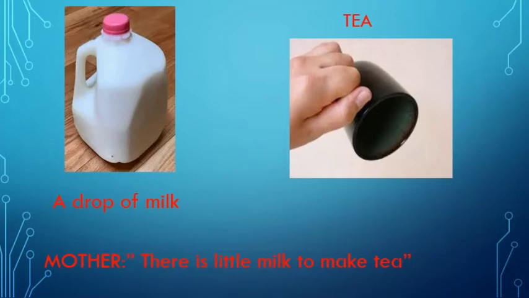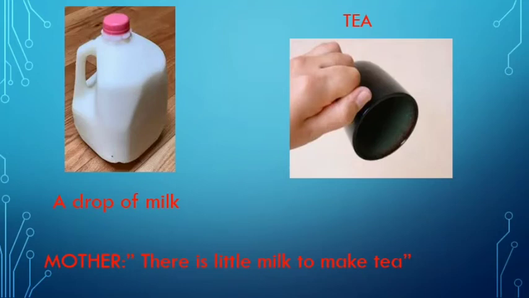A little means you have some but less. Third one is the little. Not much but all that is there. The little means not much but all that is there. So this is the meaning of these three.